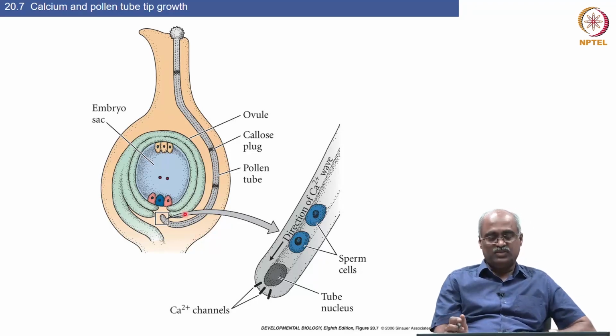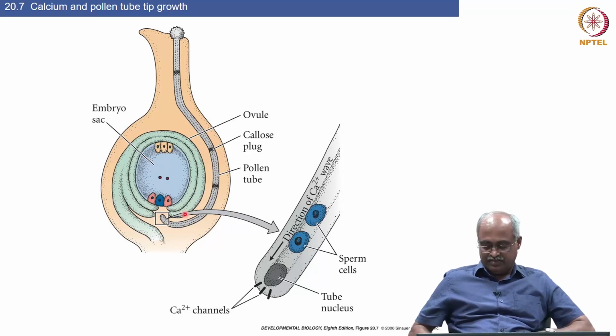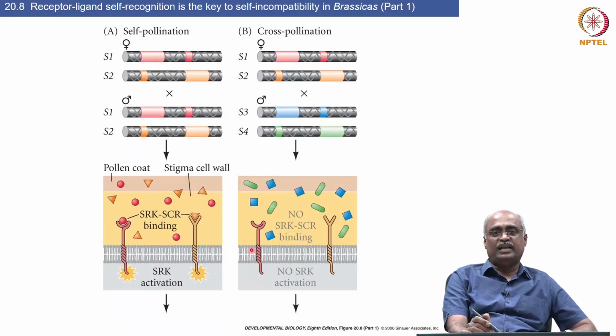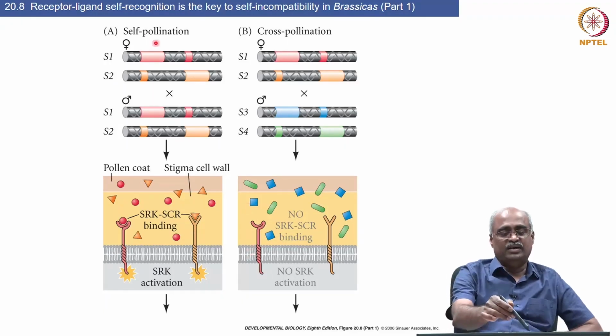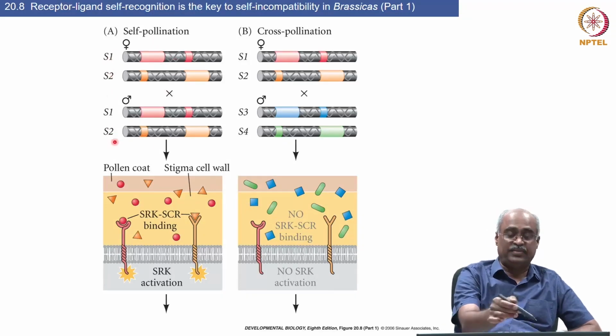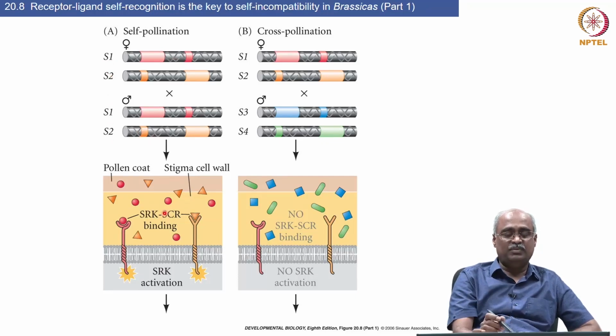And there is a fourth one which operates mainly in Brassica, where it has been extensively studied, and there you have a receptor-ligand recognition situation. For example, when you have a self pollination between two plants, one S1 S2 and the other having the same allele, the pollen coat contains the ligands, which are cysteine-rich proteins, and that's why it's called SCR, and they bind to receptors which are serine threonine kinases.